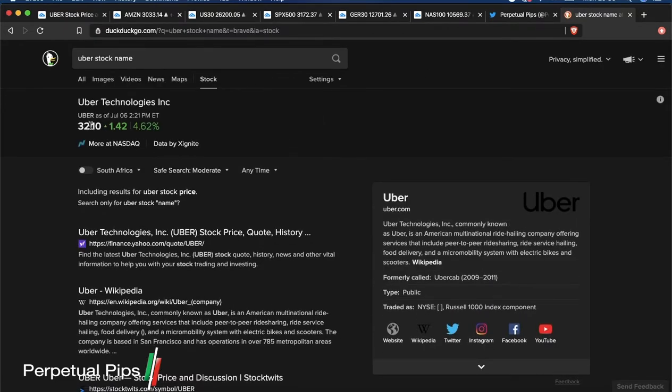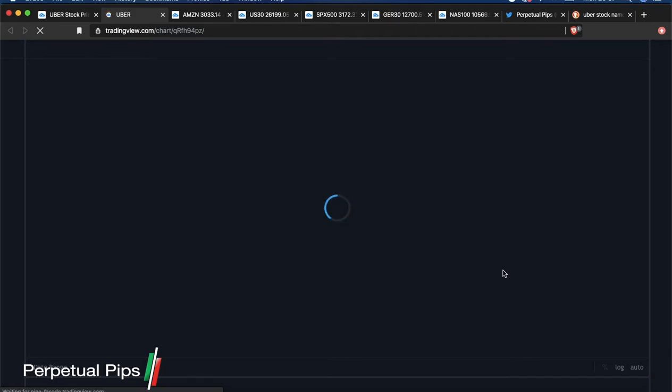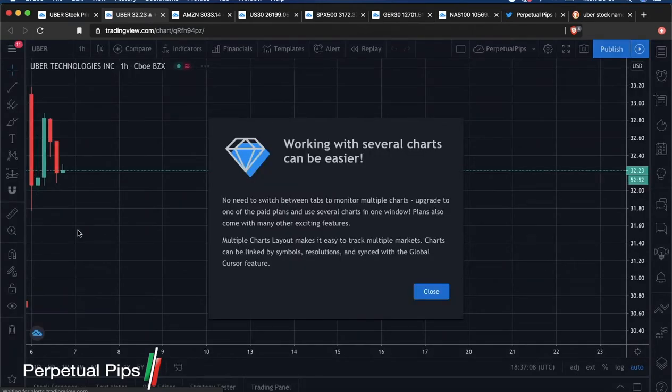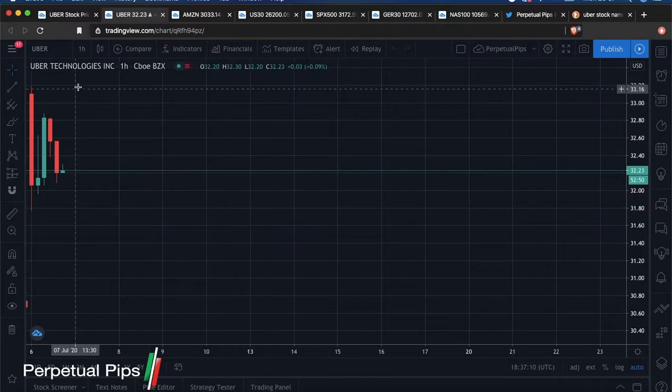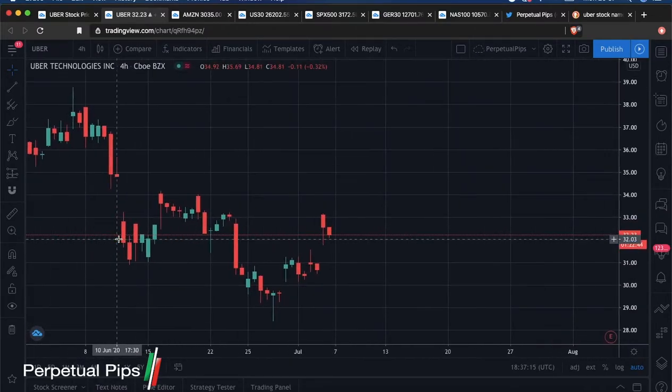Yep, that's it. 32.10. So Uber's currently trading in the $32 region. So yeah, these companies are definitely doing quite well at this time. That's the Uber chart right there.